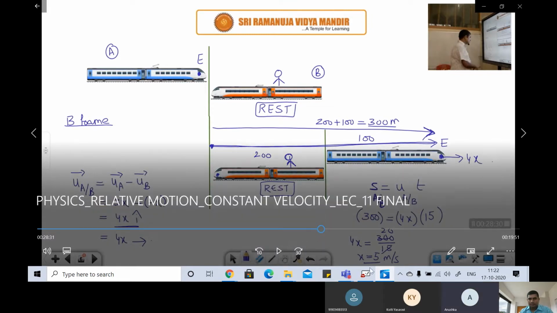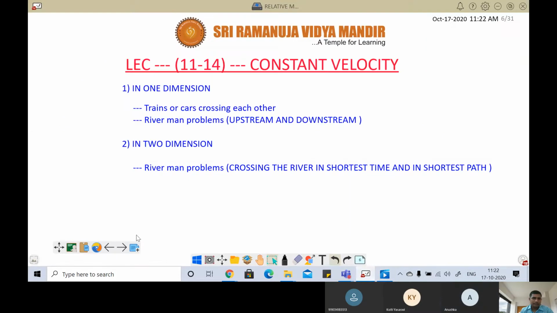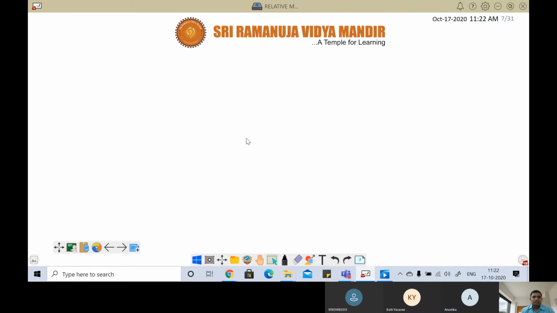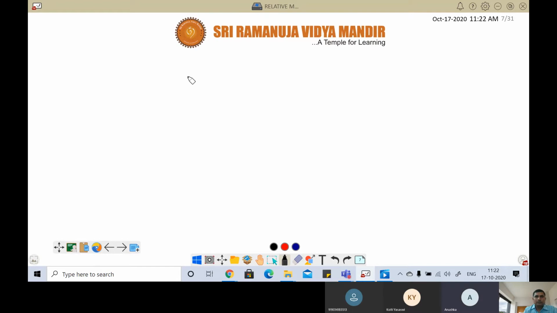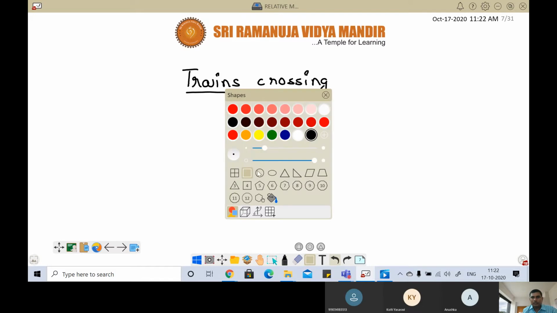So always remember, once again I am telling before going to the next one. In this model, whenever they give trains crossing each other, always make sure that you draw the diagram like this only.